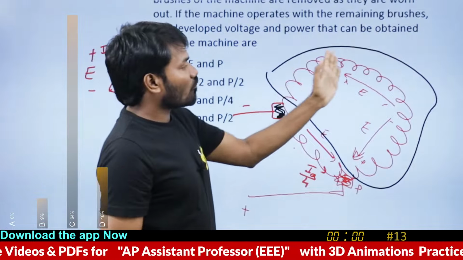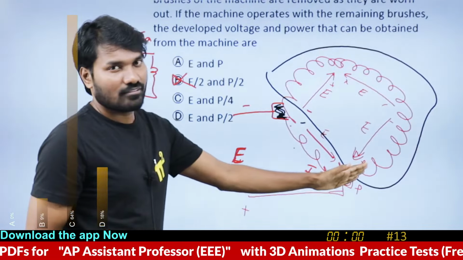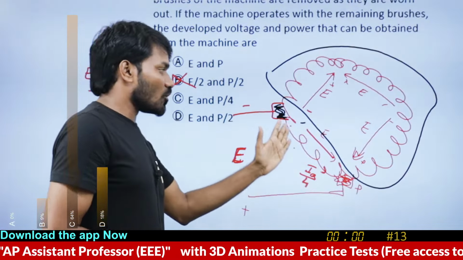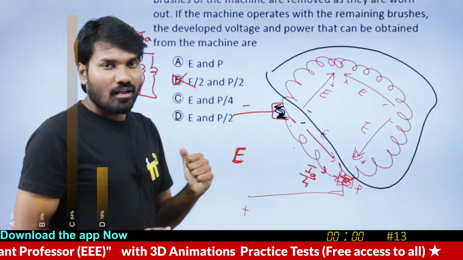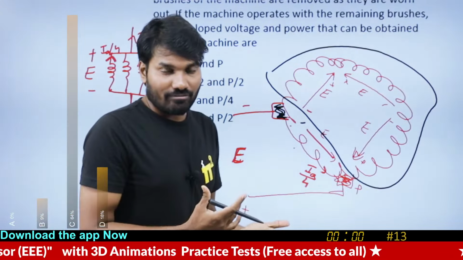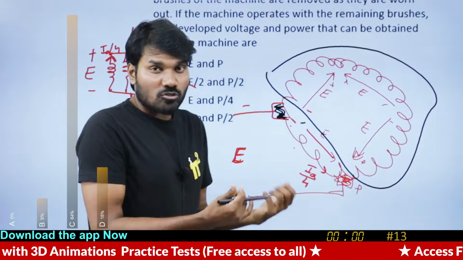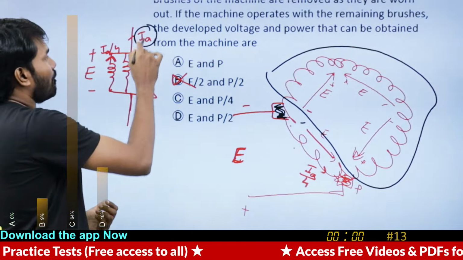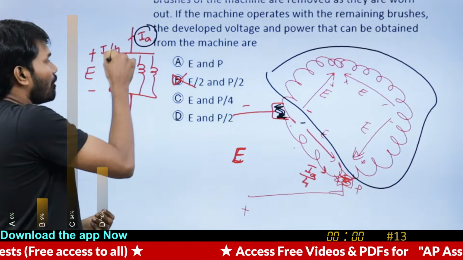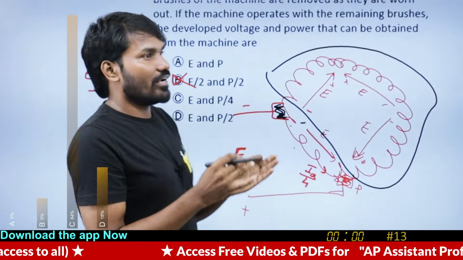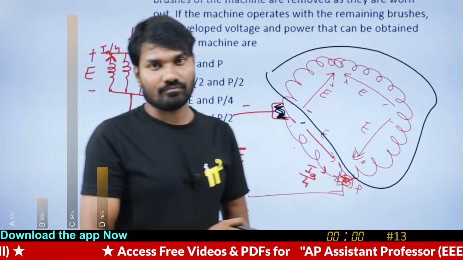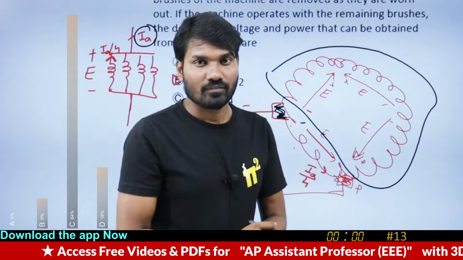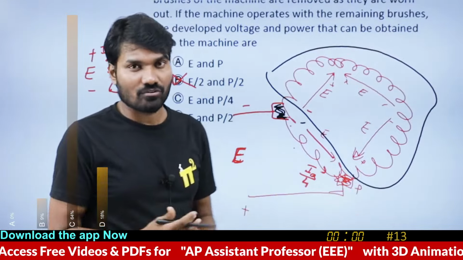Now, this will also drive current. How much current will it drive? That depends on the load, but the load current demands IA, while each parallel path can only handle IA by 4 current. It cannot handle more than that. If it does, it will break and get damaged.